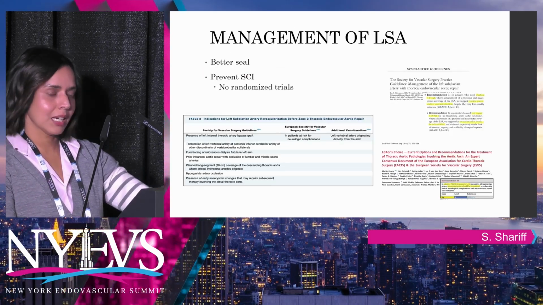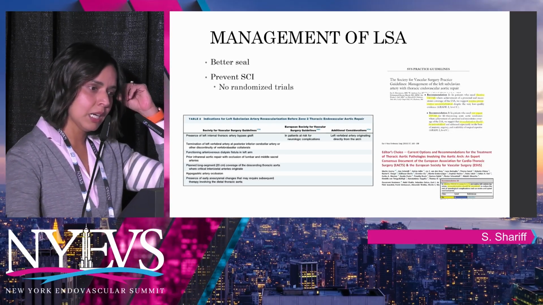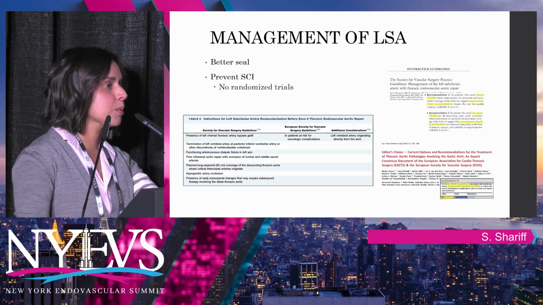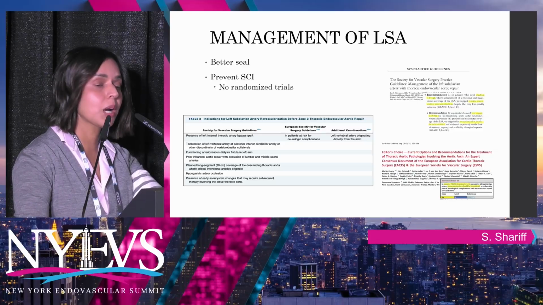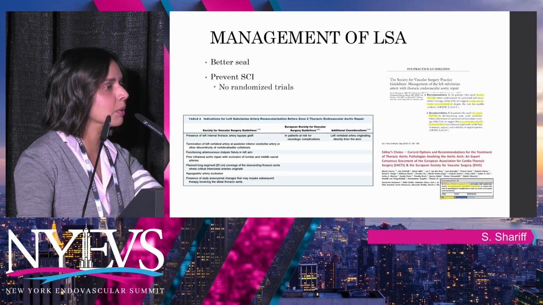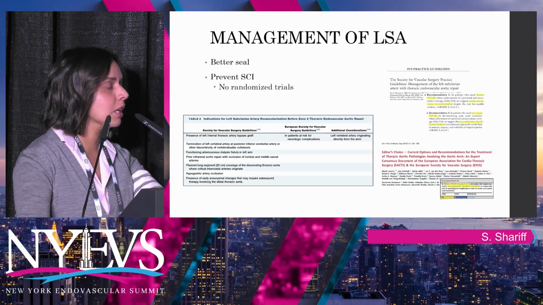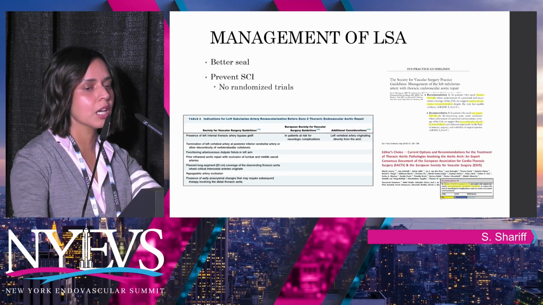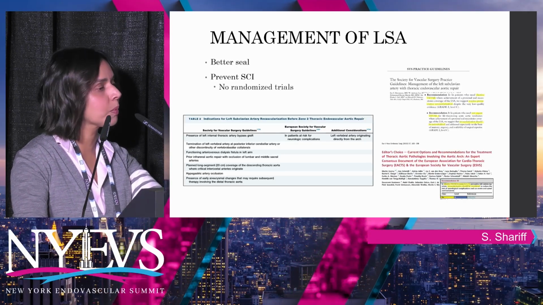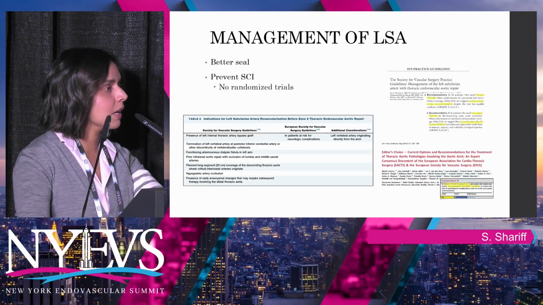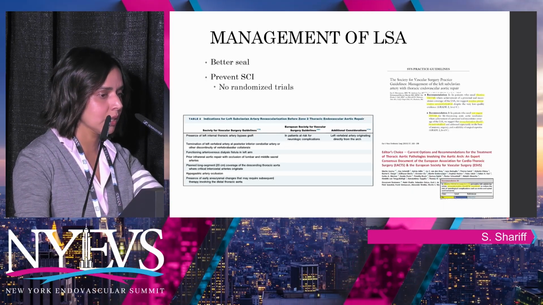So management of the LSA, I just thought I would put it up there. Most of the times when the primary tear is close to the left subclavian, you need a better seal. So you end up covering the left subclavian artery. And both the SVS and the European guidelines recommend revascularizing the left subclavian.